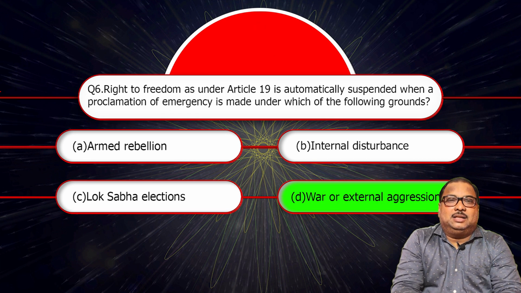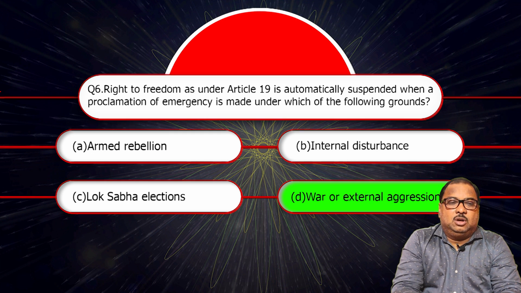And the correct answer is option D, war or external aggression. In the time of war or external aggression, that means when any enemy country attacks India, all the freedoms under Article 19 will be automatically suspended.